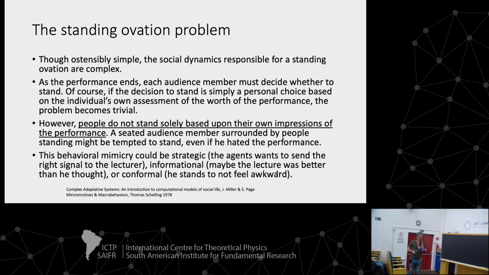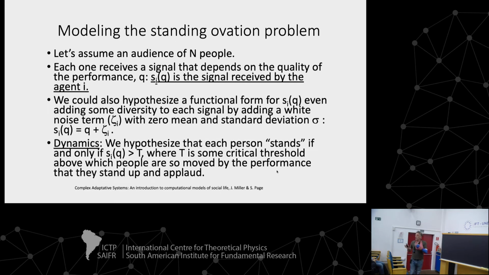Well, let's assume that we have N individuals, okay? Each one receives a signal that depends on the quality of the performance, Q. And let's call S_i(Q) the signal received by each member of the audience.